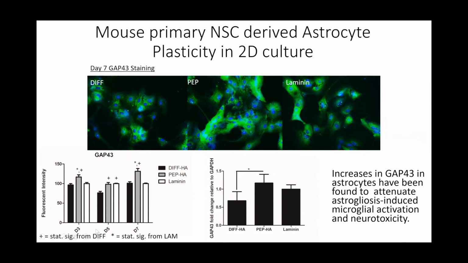We see higher fluorescent expression corroborated with higher mRNA expression on the cells in the PEP than we do on the DIFF or the laminin. So this has further implications for astrogliosis, microglia activity, and neurological toxicity as we move forward into our animal models.